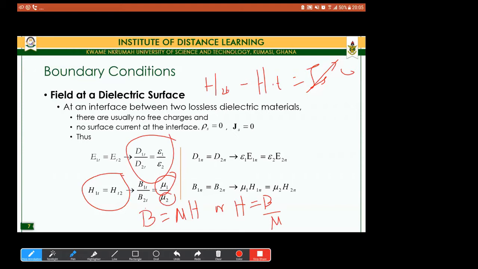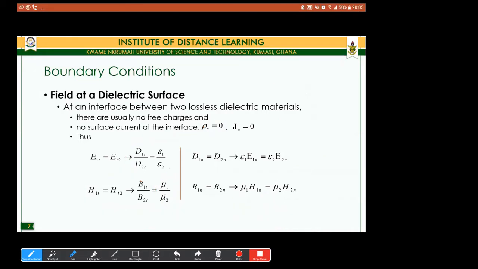And then for the normal components, because rho S is 0, from n dot (D2 minus D1) equals rho S, the normal component of D1 will be equal to the normal component of D2. And since D is epsilon E, this will also be the case for the electric field intensity normal to the surface.